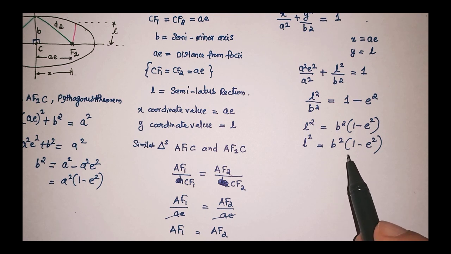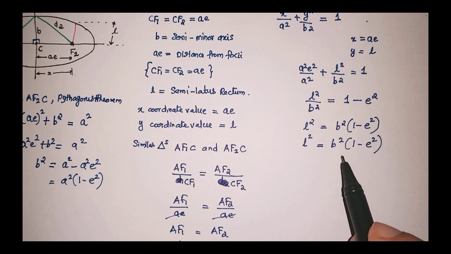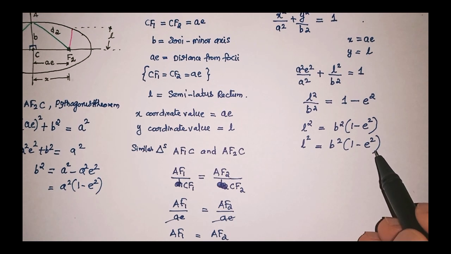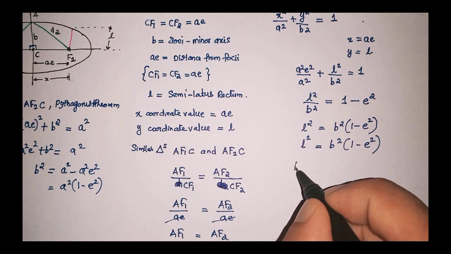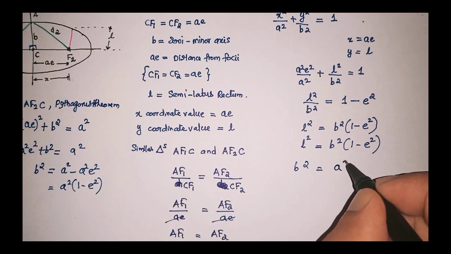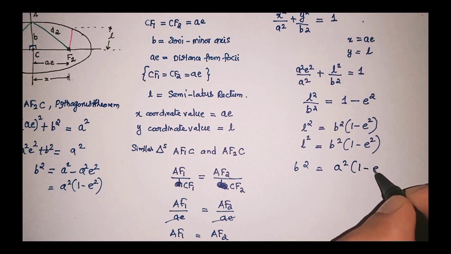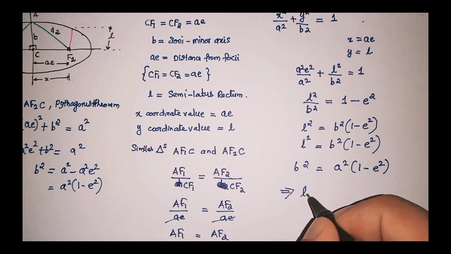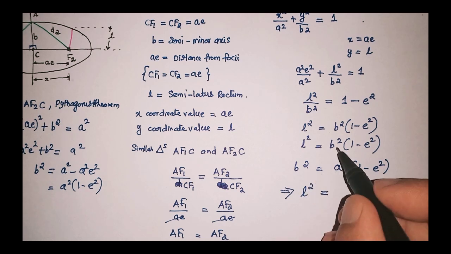Now what we are supposed to do is, we know that L square is equal to b square into 1 minus of e square. So we know b square is equal to, we take this equation, we'll write it here, a square into 1 minus of e square. Okay, so that implies L square can be written as, what is b square here?